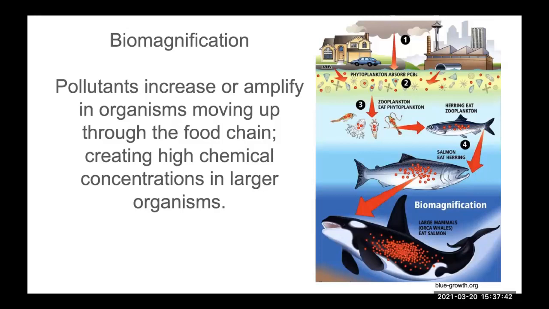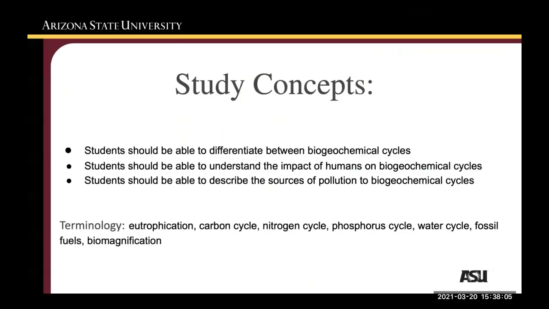So the whale eats 10 herring and we are in a world of trouble because as that whale now dies or is ingested by something else, we are releasing all of those pollutants. But all of these organisms, as they're increasing in the food chain, are getting a huge amplification the higher up they are.